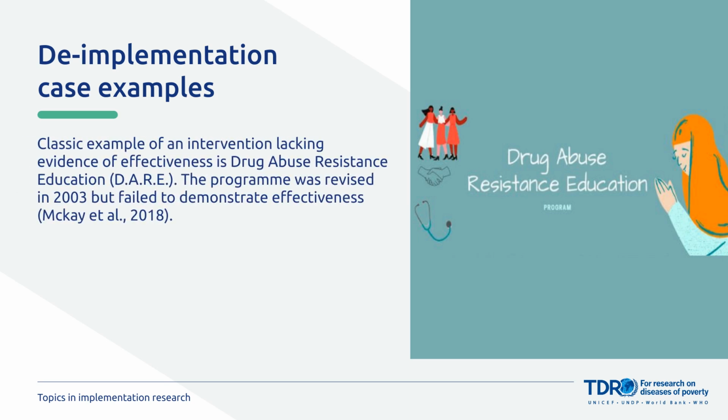A well-known example is the Drug Abuse Resistance Education (DARE) program, widely implemented in the 1980s and 1990s to reduce drug use among adolescents. Despite its widespread use, when evidence became a requirement for federal funding in the United States, the program failed to demonstrate effectiveness, even after revisions in 2003.